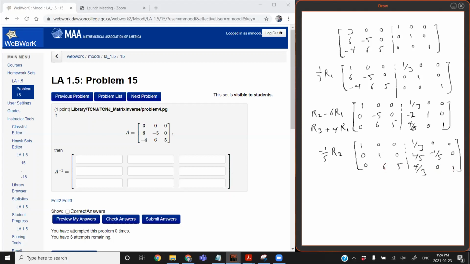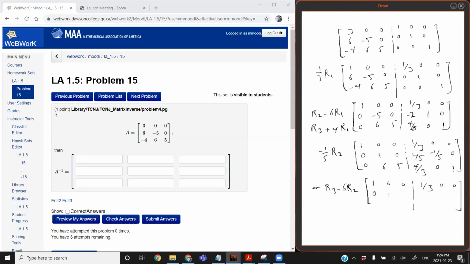And for that, I need to do row 3 minus 6 times row 2. That means the first row does not change. 1, 0, 0, 1/3, 0, 0.